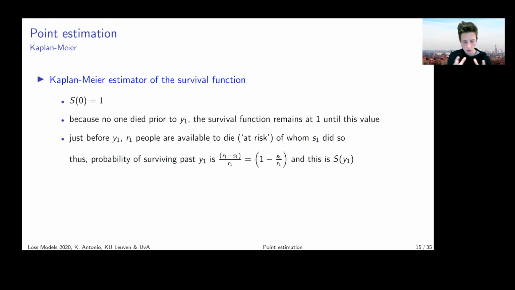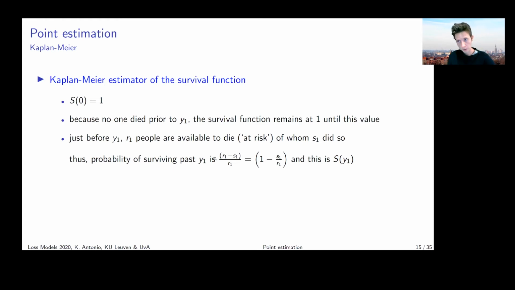And for R1, we know that's the number of people, the size of the group who was at risk of seeing the event of interest at the value Y1, or larger. So the probability of going past Y1 would then mean, S1 out of the R1 observed the event of interest at Y1.